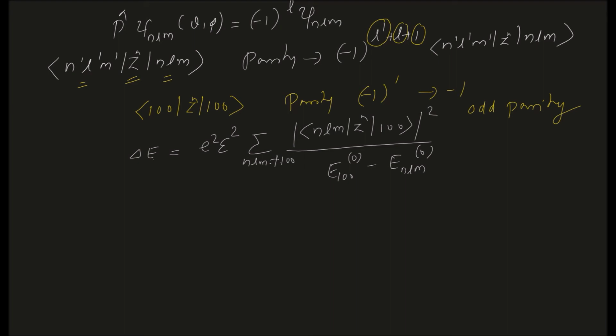Now if you remember, the energy of the hydrogen atom is given by the expression E n equal to minus e squared by 2a0 into 1 by n squared, where this a0, which is called the Bohr radius, is given by 4 pi epsilon 0 h cross squared by m e squared.